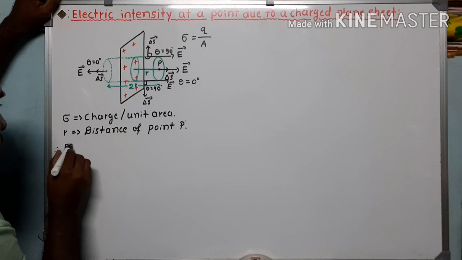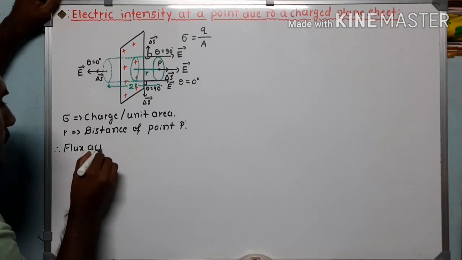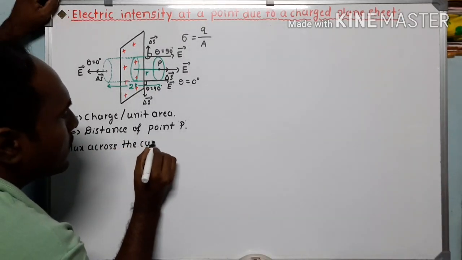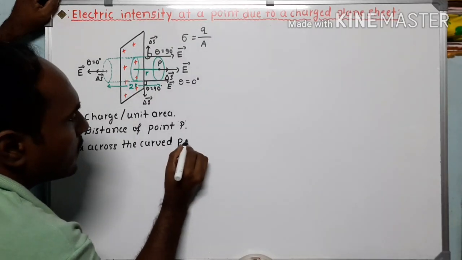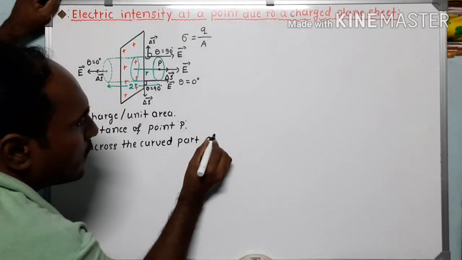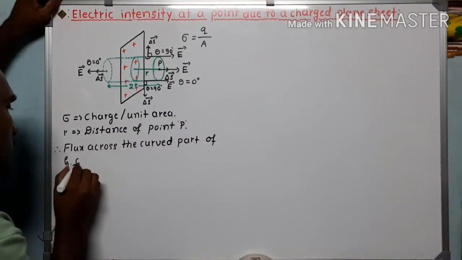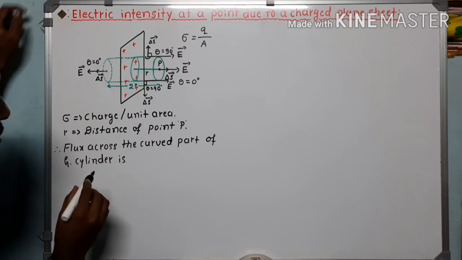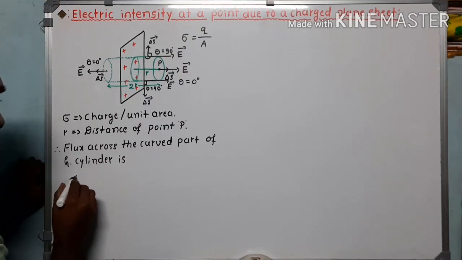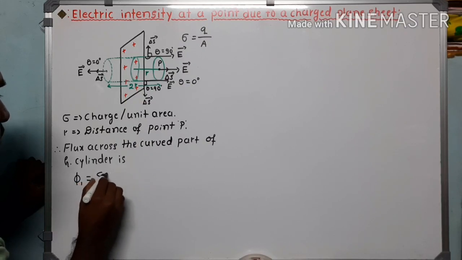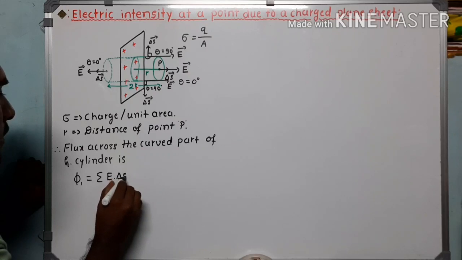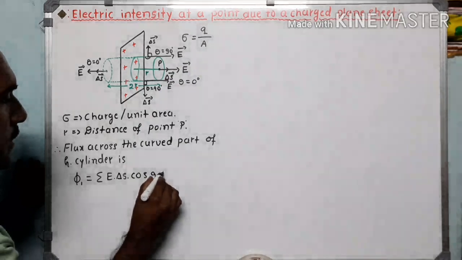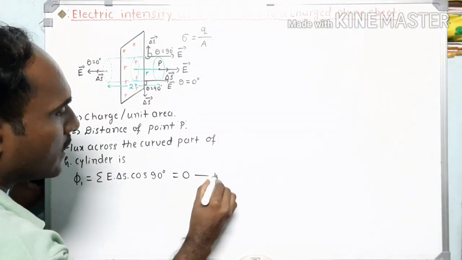Therefore, electric flux across the curved part of Gaussian cylinder is phi 1, which is equal to summation of E into delta S. Notice E into delta S into cos 90 degree, that is equal to 0. Call it as equation 1.